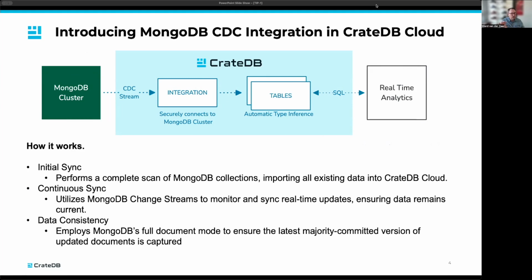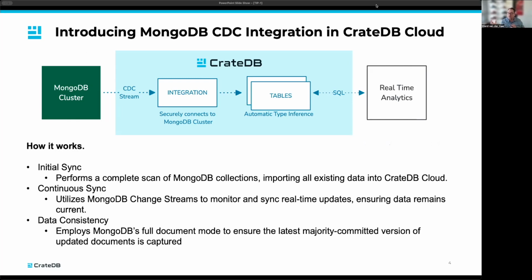If you look at the image there, on the left you have the MongoDB cluster. You have a replica set, which of course enables a CDC stream. The blue box is the CrateDB cloud, where you can create that integration to securely connect to the MongoDB cluster, and using automatic type inference, ingest the data within CrateDB.